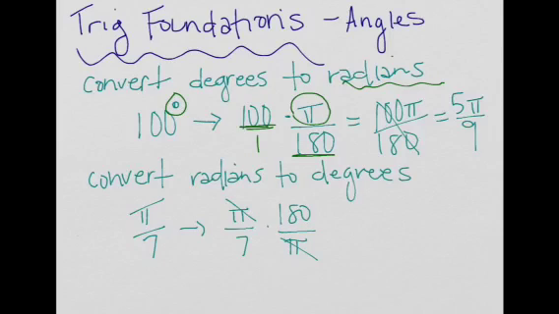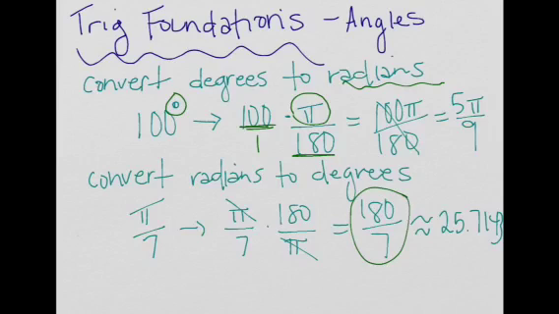This is to ensure that those pi's cancel out, and then I have 180 over 7. If that could be reduced, I would reduce it. If I needed to know about what that number is, I could divide it out, and I get something like this. But typically, I do want you to leave it in an improper fraction.